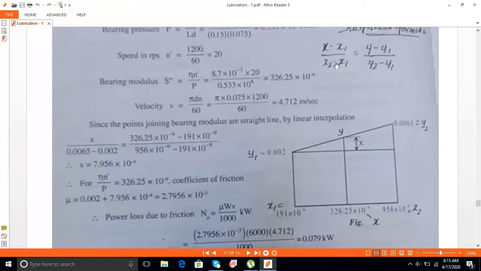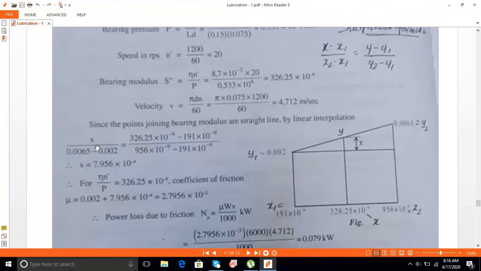To calculate this, once we substitute, x minus x1 divided by x2 minus x1 is equal to y minus y1. Y minus y1 is nothing but x, which is what they have given here, and y2 minus y1 is this.